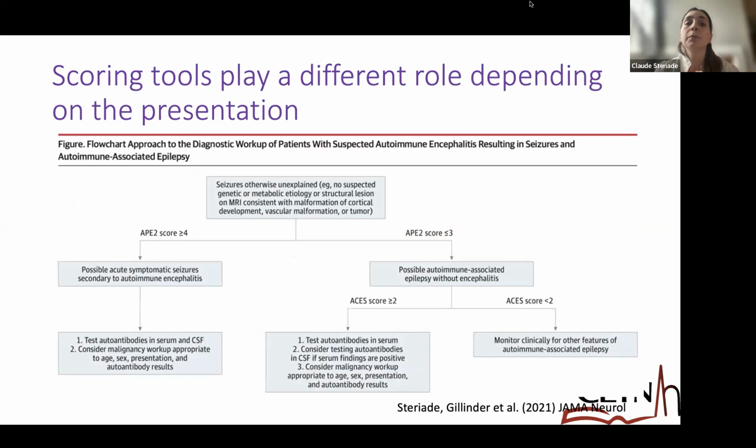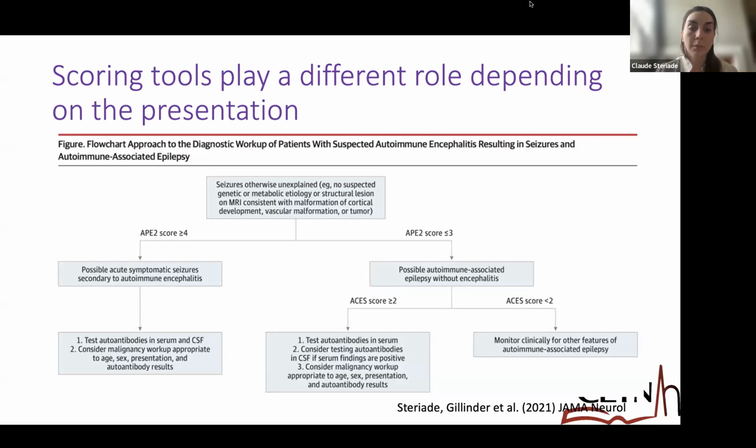And so these scoring tools play a different role depending on the situation. What we recommended in the systematic review that we published was to first start with the APE2 score. If you have a patient that has seizures that are otherwise unexplained, they don't have a structural cause for their epilepsy, and it doesn't come in the context of developmental delay and a suspected genetic or metabolic cause, and the APE score is 4 or more, then for sure they've earned themselves a workup.